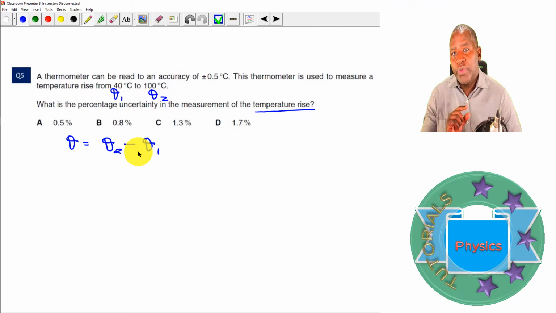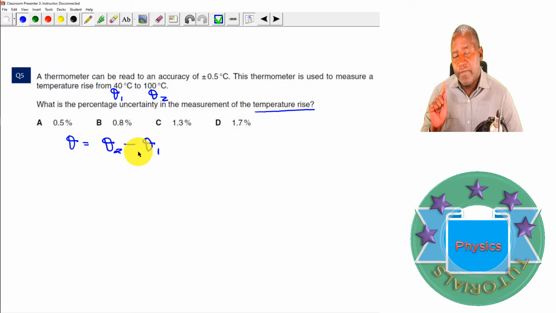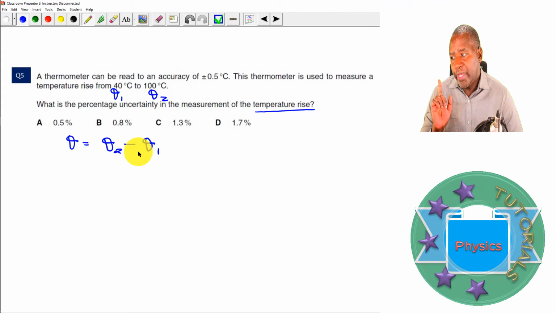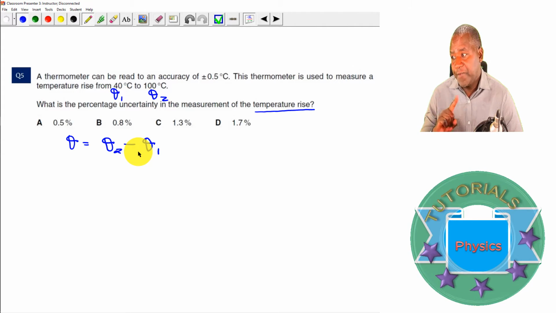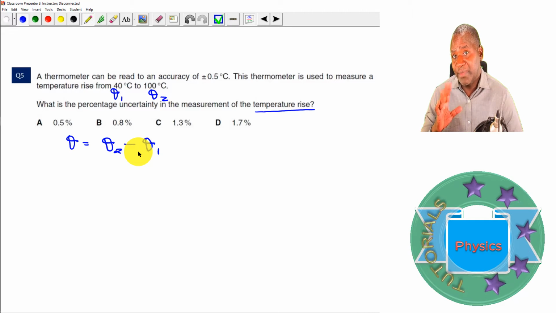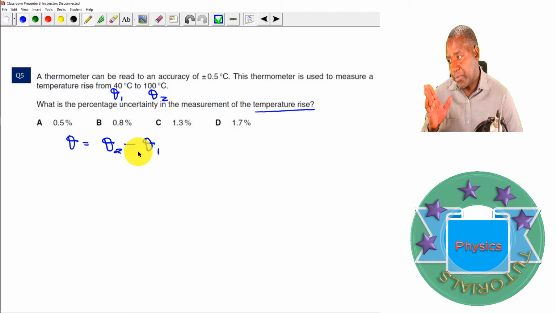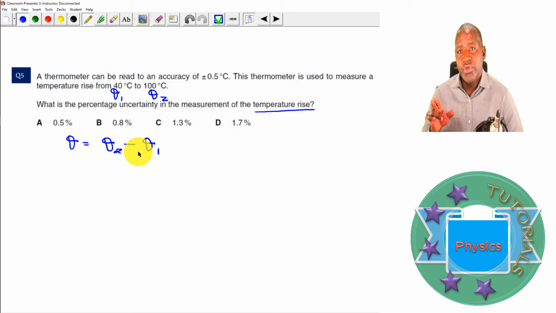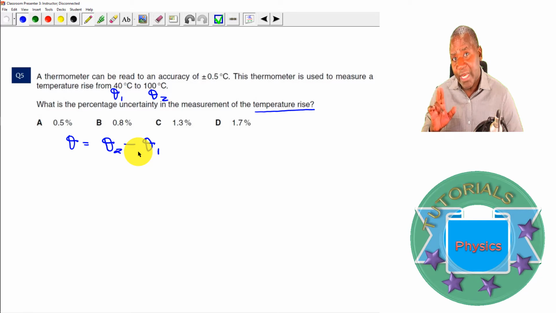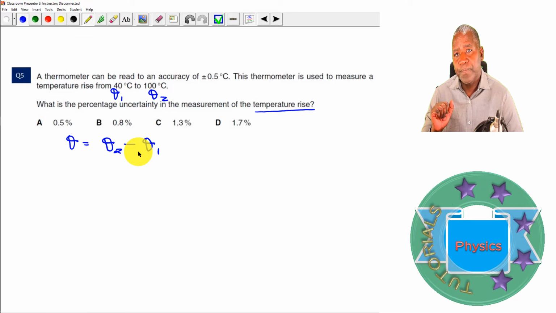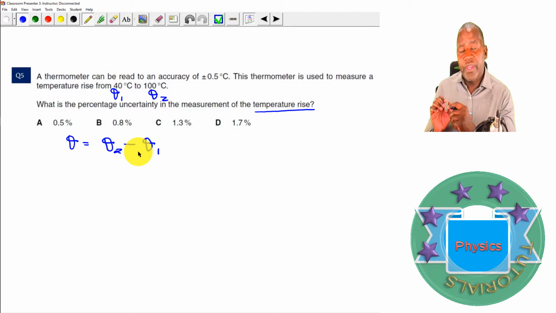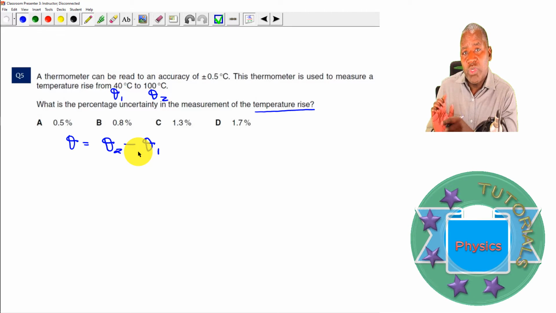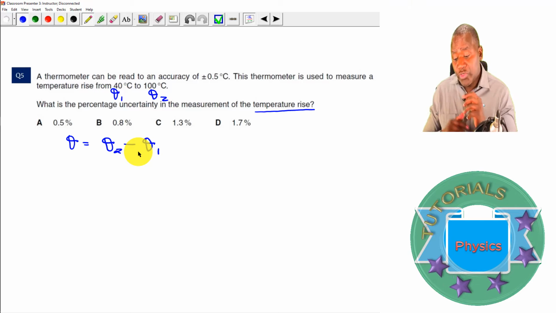And remember what we agreed at the beginning of this video. When we add or subtract physical quantities, which must be the same type, like theta 1 and theta 2, how do we deal with the uncertainties? We just need to add the absolute uncertainties.